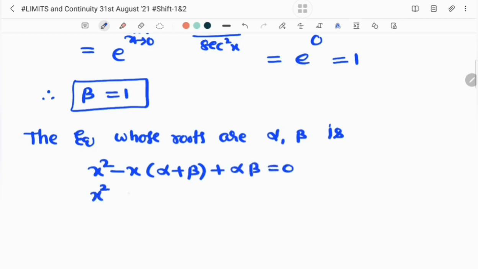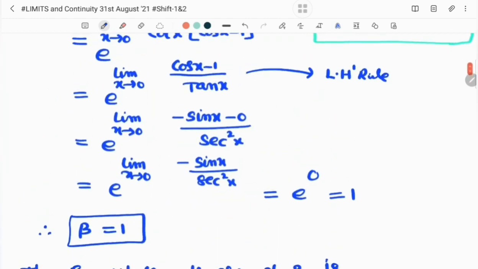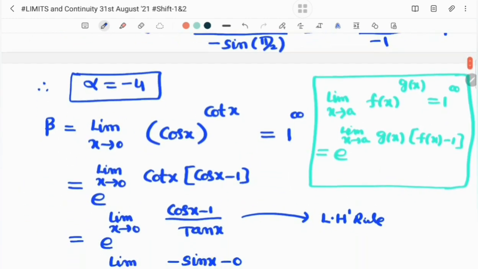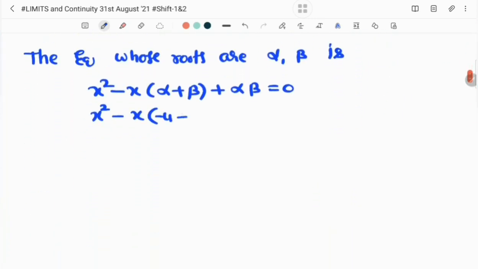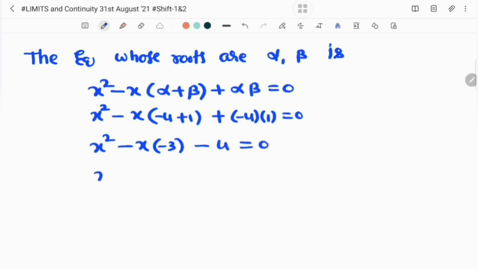So x square minus x into, alpha value we got as minus 4, just I will revise here, I kept here minus 4, and beta value as 1, plus minus 4 into 1, which is equal to 0. So x square minus 4 plus 1 is minus 3, minus 4 equal to 0.